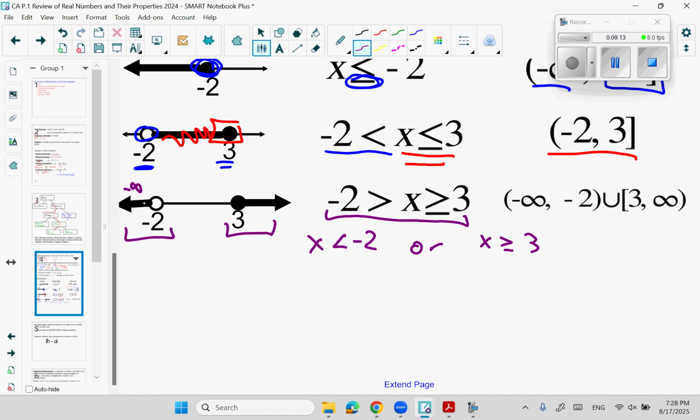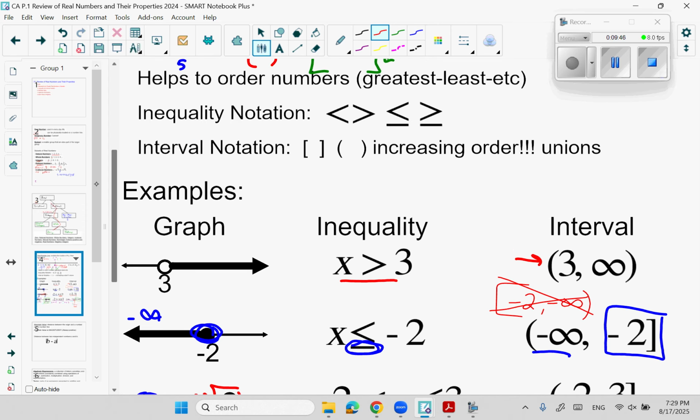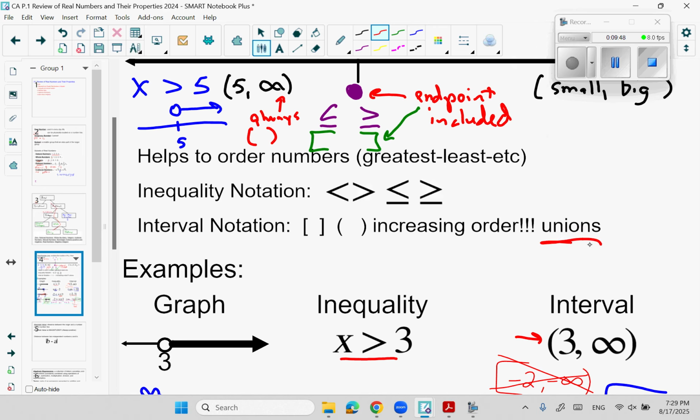Here I get negative infinity to negative 2, and here I get 3 to infinity. Because those can't interact with each other, they stay separated, and we put a U in there. That means union, or both. It's actually right up here. I think I walked right past it. Union, that's what that's talking about right there.